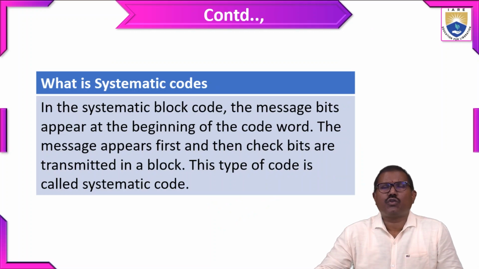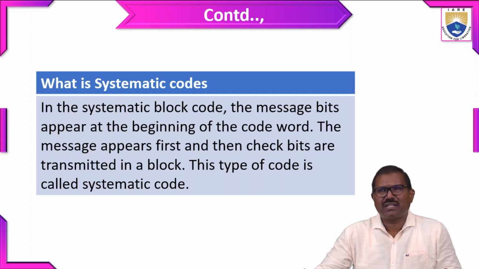Next, what are systematic codes? In the systematic block code, the message bits appear at the beginning of the code word. The message appears first and then the check bits are transmitted in a block. So this type of code is called systematic.